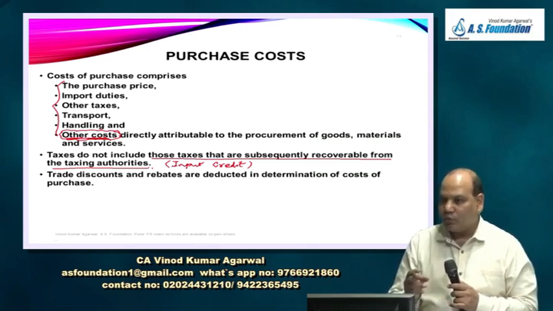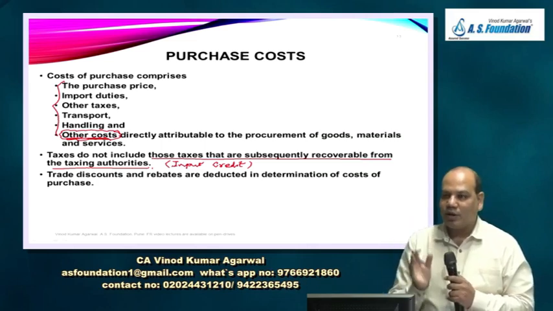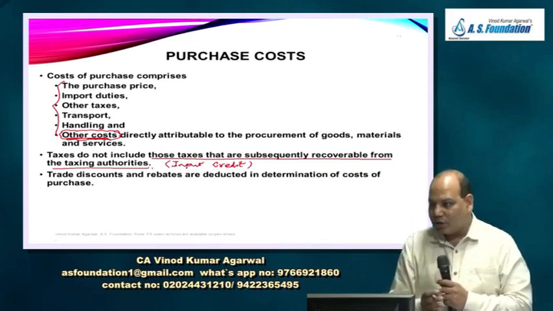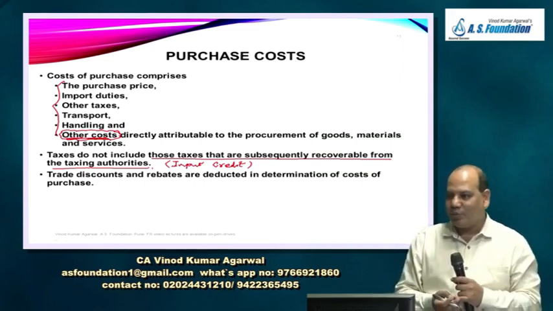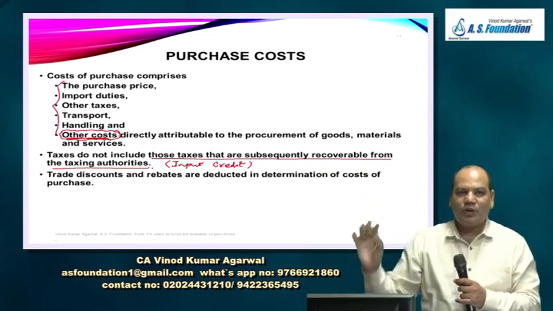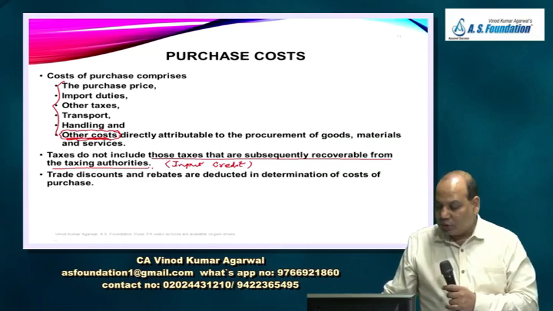So in that case, input credit will not be shown as a part of inventory cost. It will be shown as a separate asset. It will appear as a separate asset. It is like an advance that you have paid, which you can set off against your future tax liability.